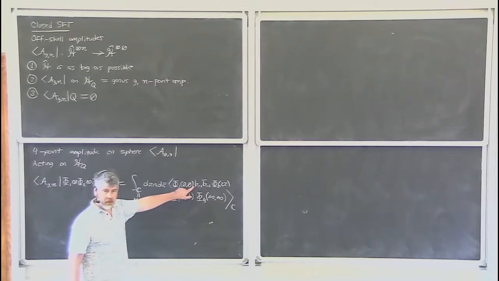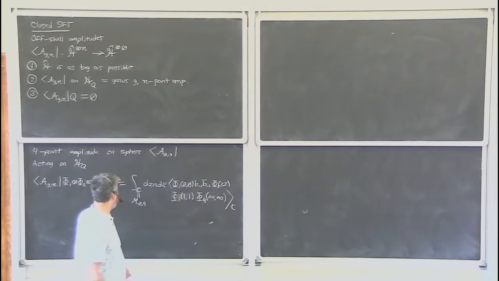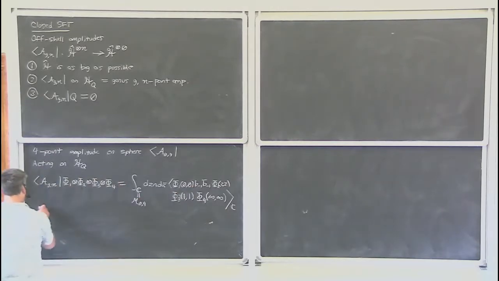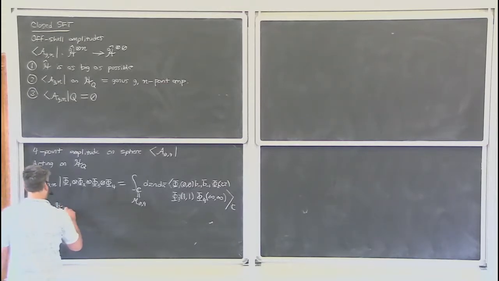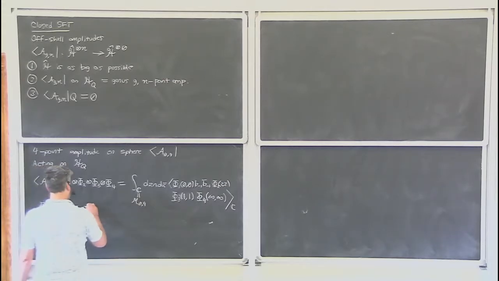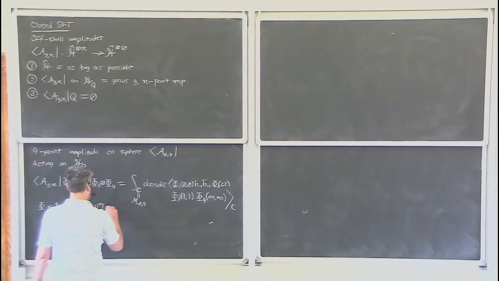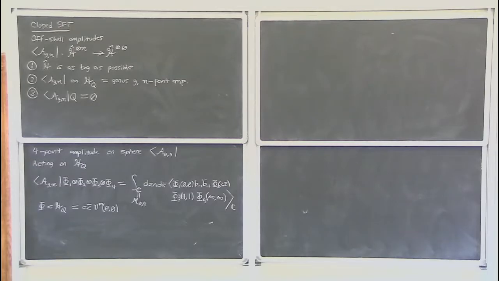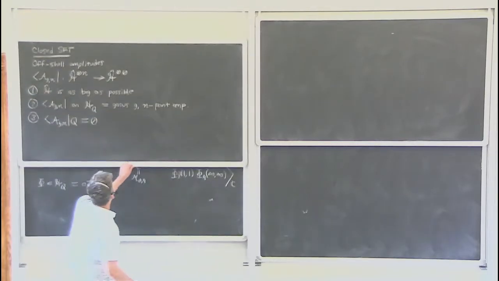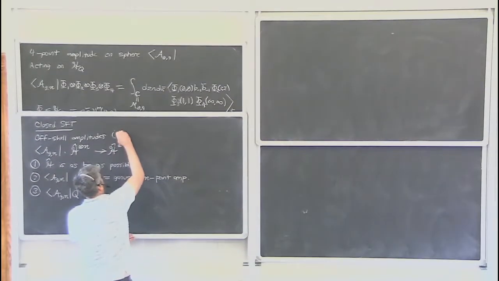Let me remind you again that phi in H_Q takes the form c c-bar V_matter of (0,0), where again we're talking about off-shell amplitudes in bosonic string theory.